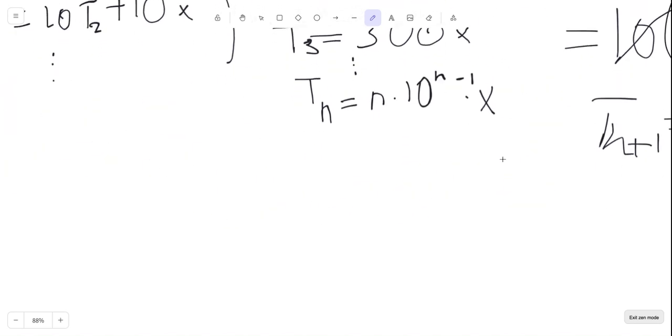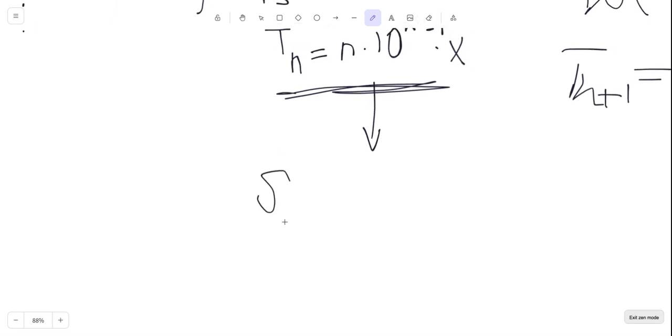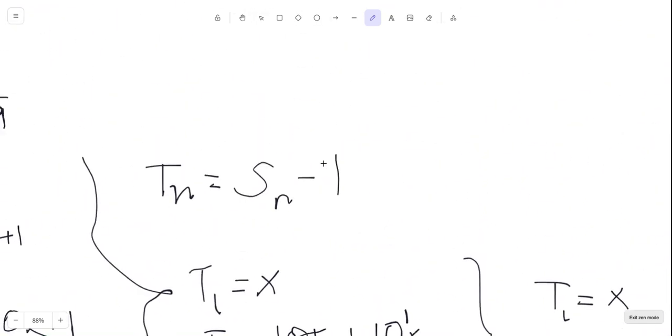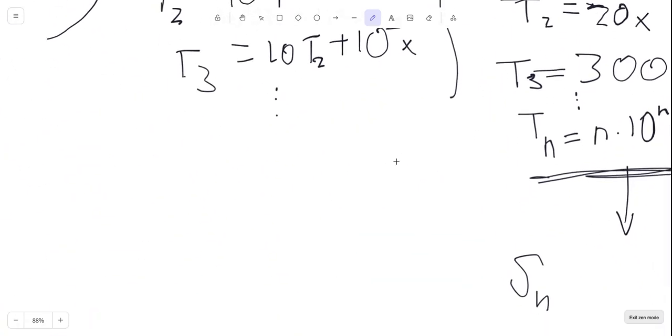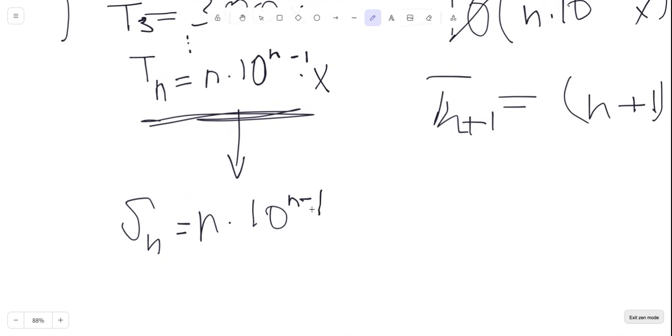Now that we know this formula is true for sure, we can use this and go backward. Since this t series is 1 less than its corresponding s sub n term, the explicit formula is going to be n times 10 to the n minus 1 times x plus 1.